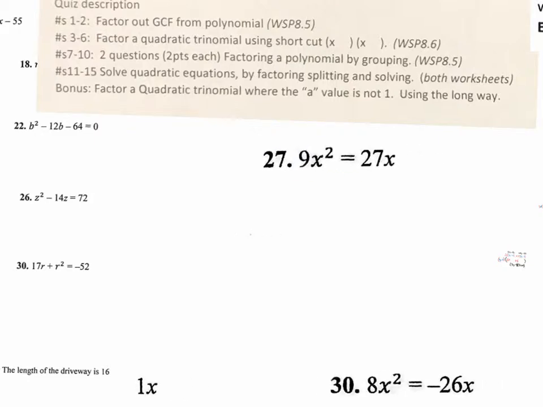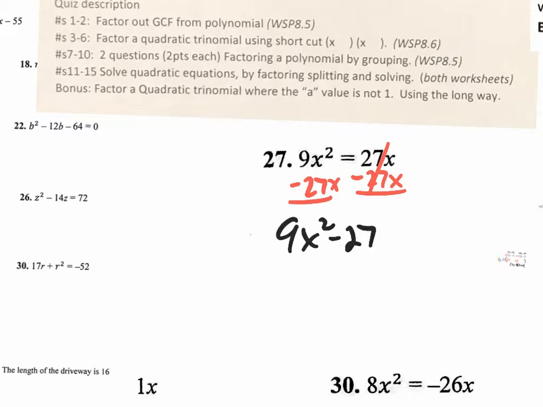Let's just do one of these. I would get rid of the 27x by subtracting 27x from both sides. So I would rewrite it. I'd have 9x squared minus 27x equals 0. Then what would I do? Do I have something times something equals 0?